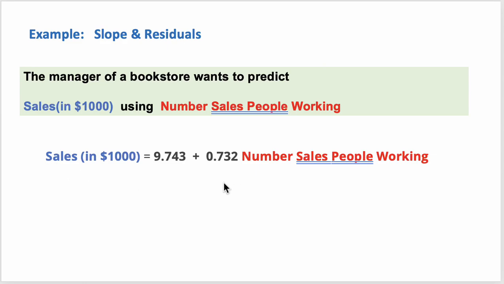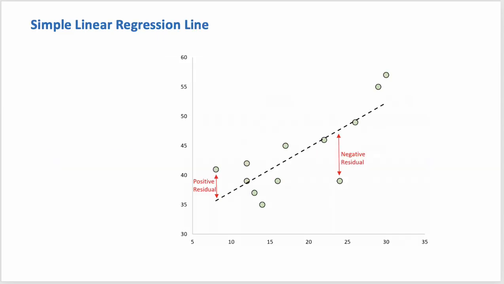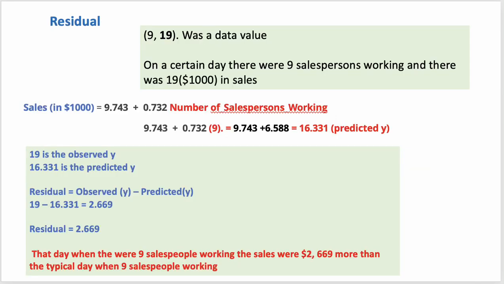So the regression line will be part of the output of StatCrunch. The other thing that's part of the output is not the residuals, although there's an option to request the residuals, and I can show you that when I do my video on StatCrunch for simple linear regression. It certainly does not interpret a residual.